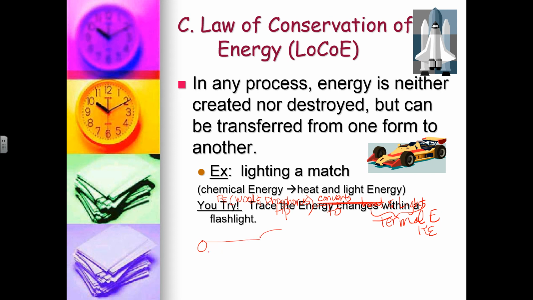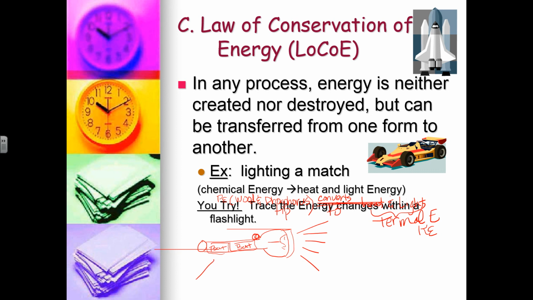If this is a little flashlight, and again, don't judge my drawing skills, y'all, and of course you have your batteries in here, battery, battery, and then your light bulb with your little filament here. Let's say you turn the flashlight on and the light turns on. Let's trace the energy changes that occur in the flashlight.